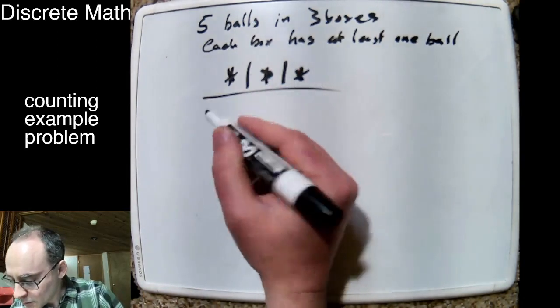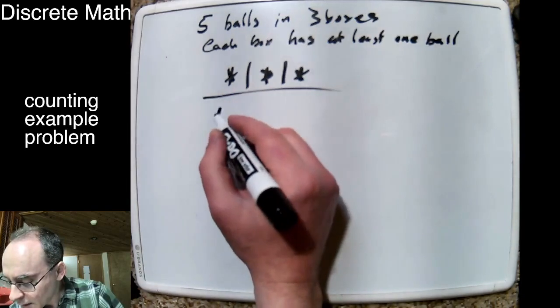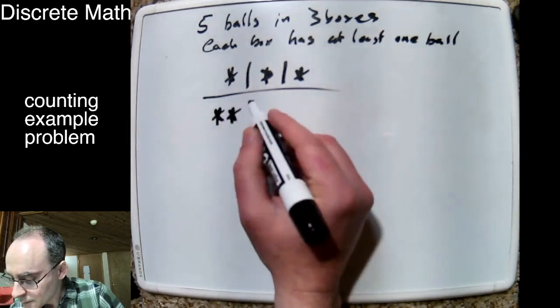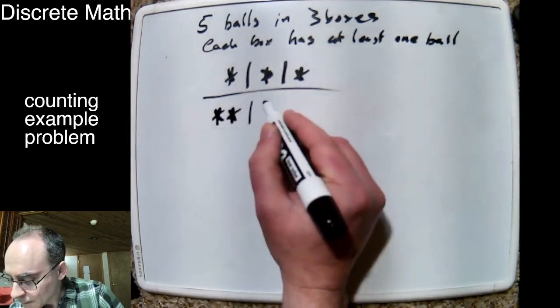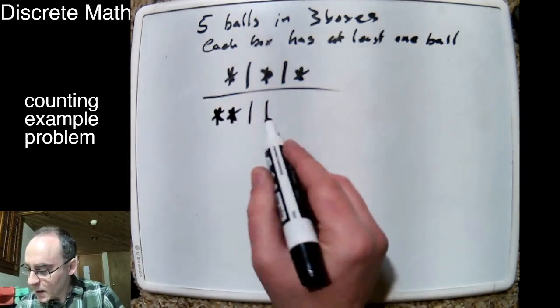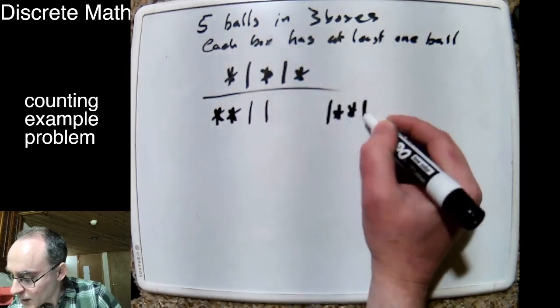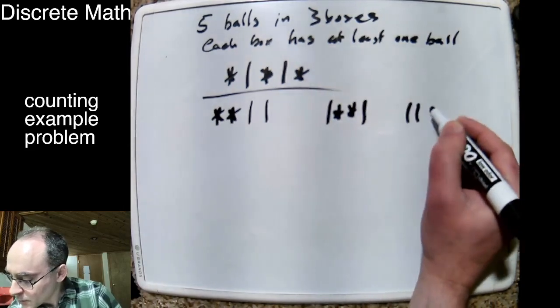But let's just draw out the possibilities. I could put just 2 balls in one box. Since the boxes are labeled, that's different from putting them in the middle box, which is also different from putting them in the box to the right.